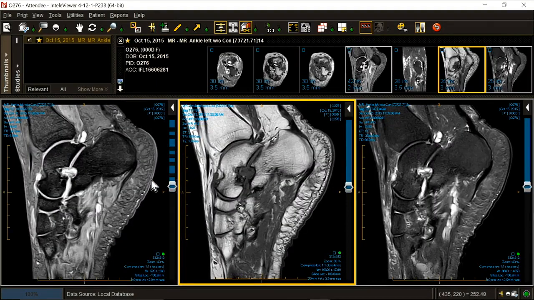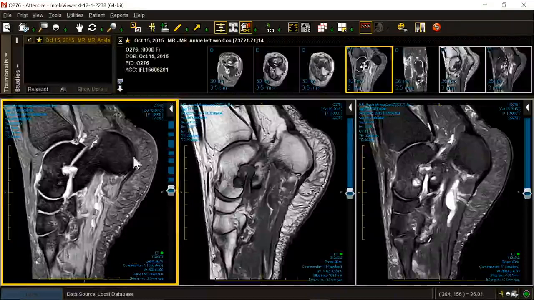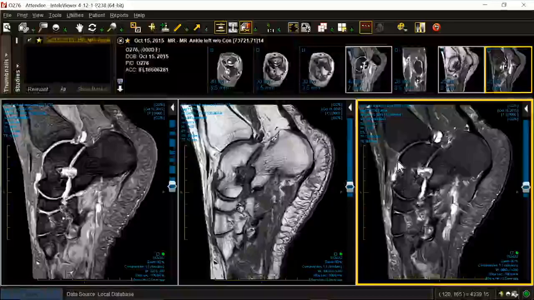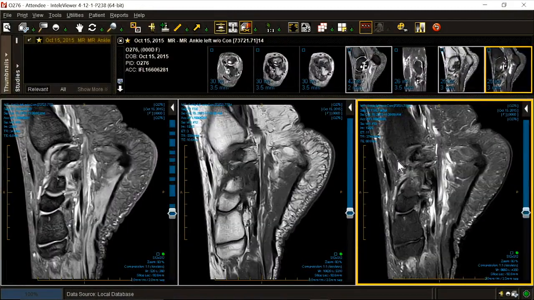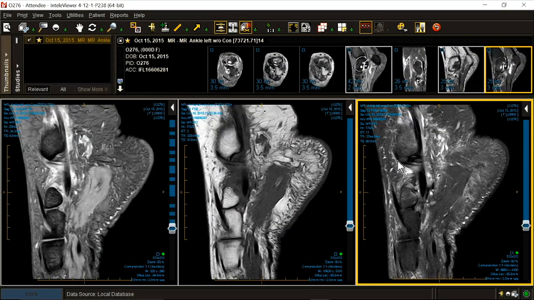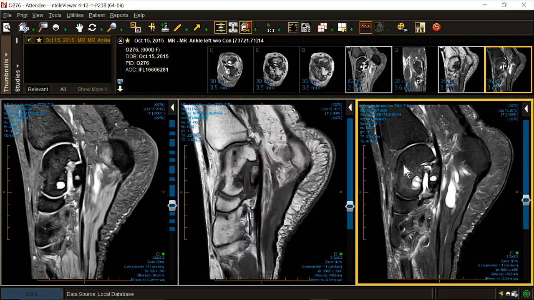This was obtained on a Hitachi Oasis, 1.5T. T2 spin echo with fat suppression on the right: a good cleanup, clarifying sequence for tendons and ligaments.